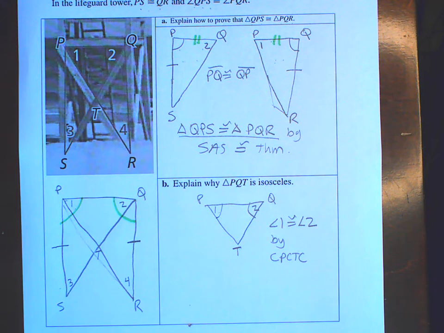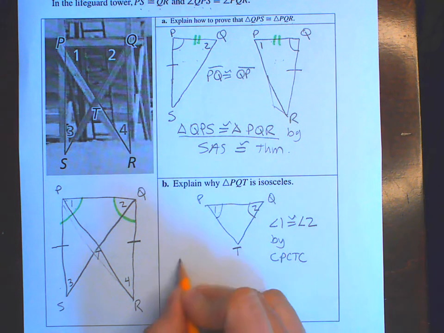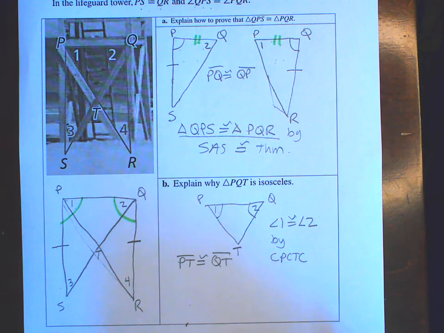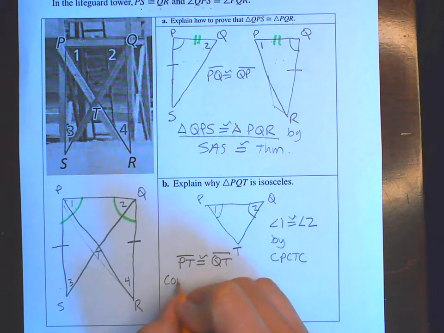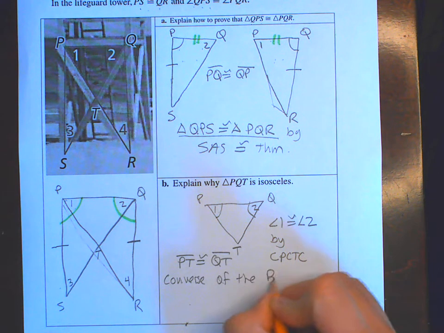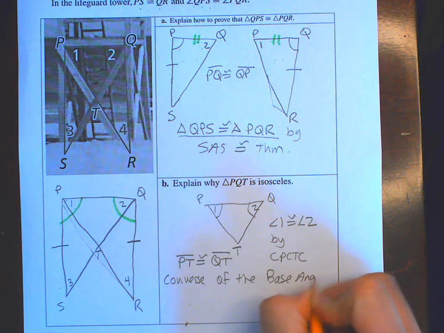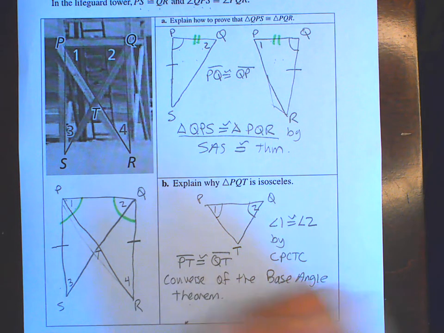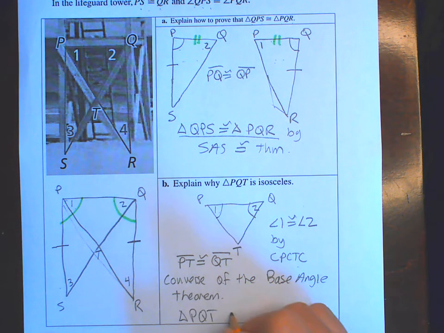The converse of the base angle theorem, PT is going to be congruent to QT. Okay, this is by the converse of the base angle theorem. Therefore, PQT is isosceles.